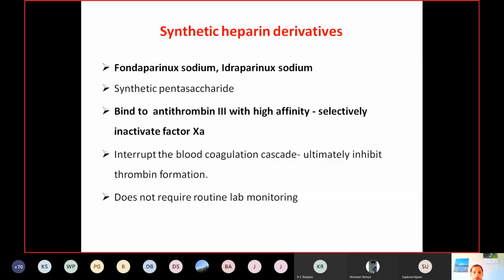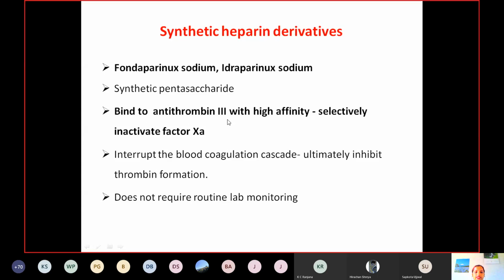So today we will be discussing the remaining anticoagulants. Synthetic heparin derivatives. In synthetic heparin derivatives, we have fondaparinux and idraparinux sodium. These are the synthetic heparin derivatives. They are pentasaccharides, so they have a small chain. It is also low molecular weight.